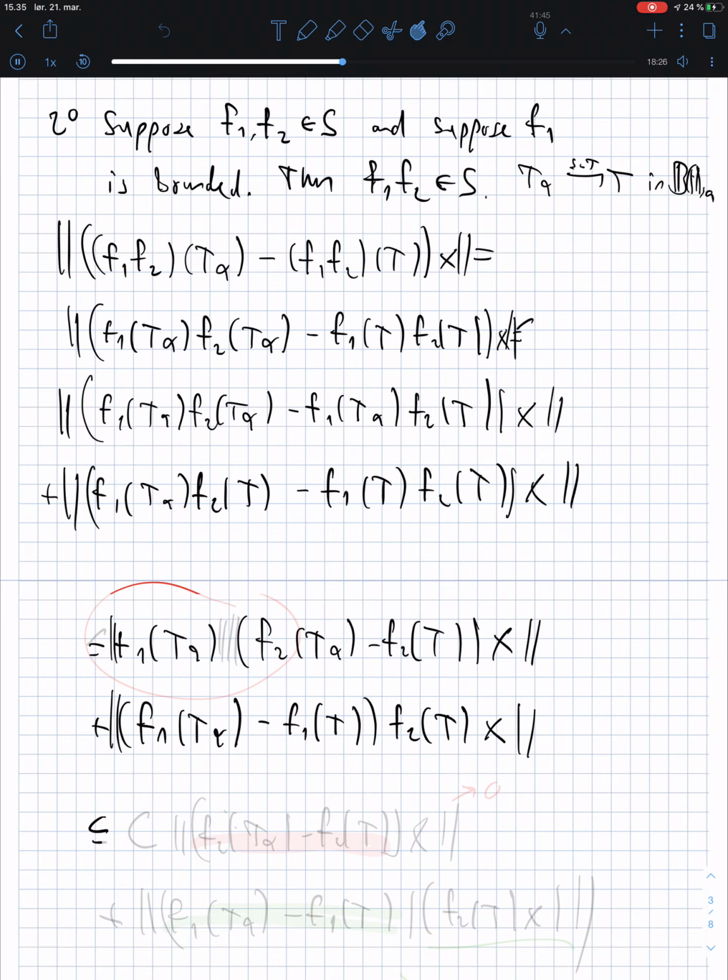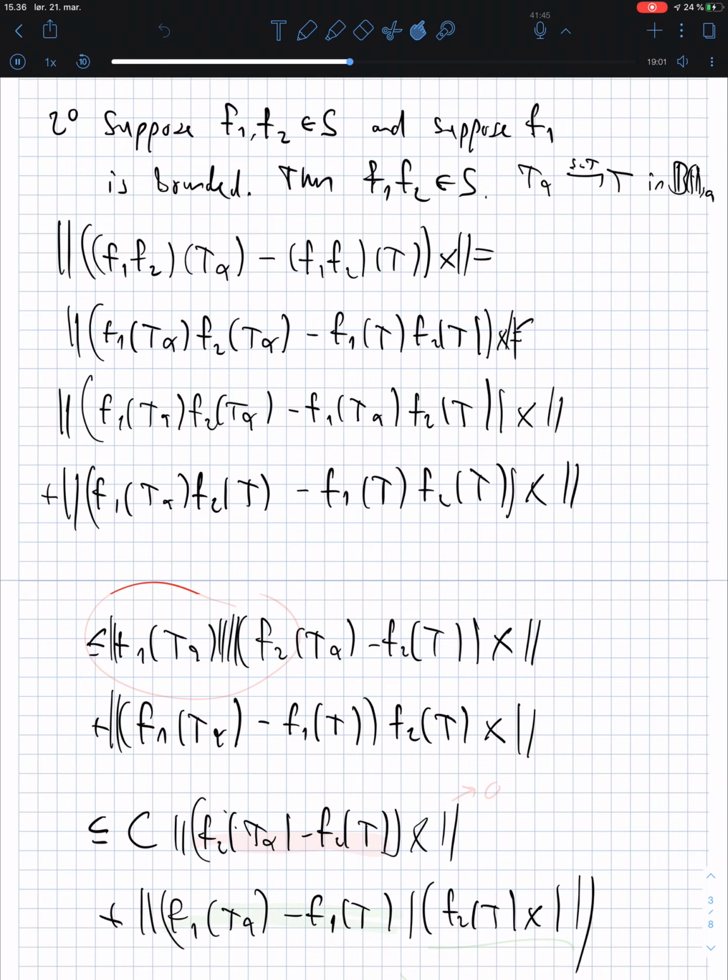But now I know that f1 is bounded, so if I do like this, I can make this smaller than some constant, namely the uniform norm of f1, and now I have f2 t alpha minus f2 of t applied to x, plus f1 t alpha minus f1 of t applied to f2 of t x.